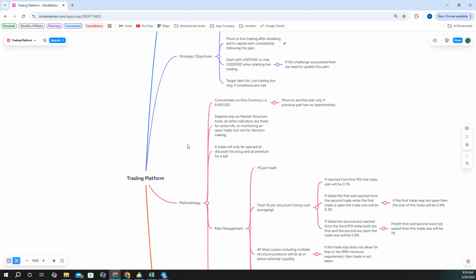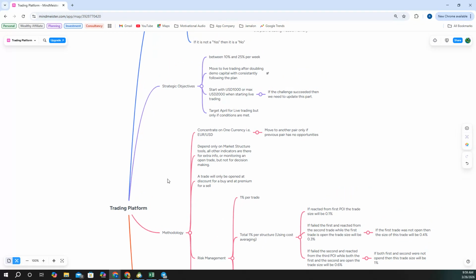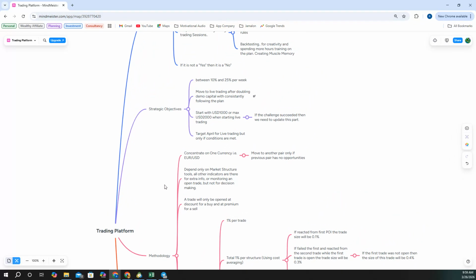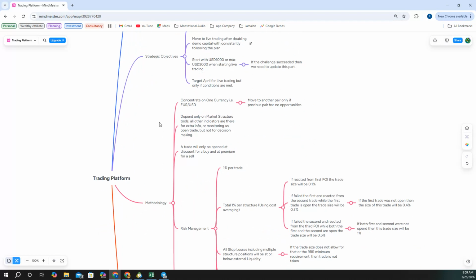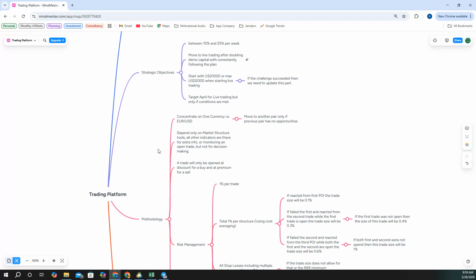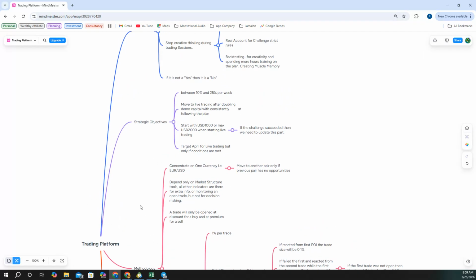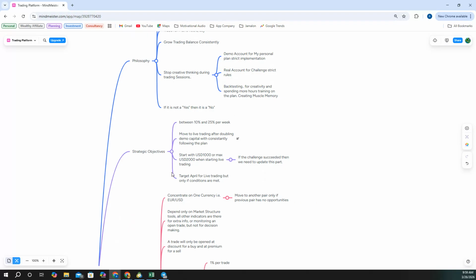So now let's move to what we want to talk about today, which is the methodology or the trading strategy that I chose for myself. It was different before. I changed it today to reflect the changes that I made to the whole trading plan. Now, the trading methodology or trading strategy serves the strategic objectives, meaning that the strategy is the way to achieve the objective.